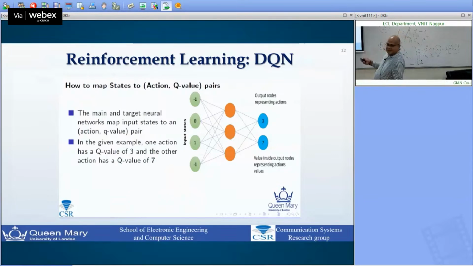The state, I mentioned earlier, is going to be determined by the observations and actions during the previous few time intervals. That means during the previous certain time intervals, what actions did you take? Previously you may have taken the action repetition value 4. Before that it may be 8.